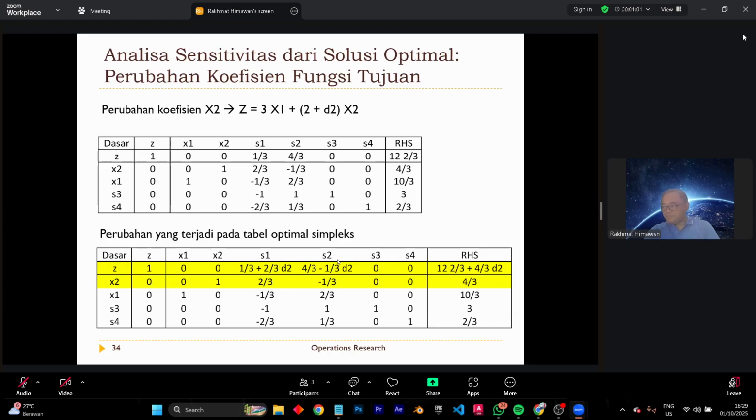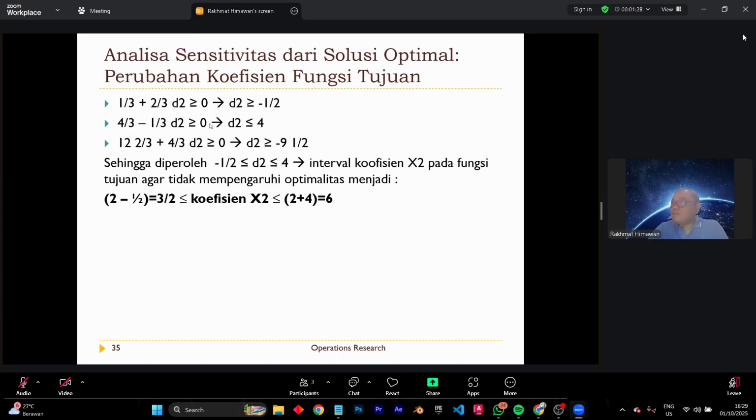But here we add the coefficient multiplied with D2, based on the coefficient related to D2, which is X2. In a similar way, we get all of this adjusted on the new coefficient, and all these coefficients need to be greater than or equal to zero. So we put everything in here, greater than or equal to zero.